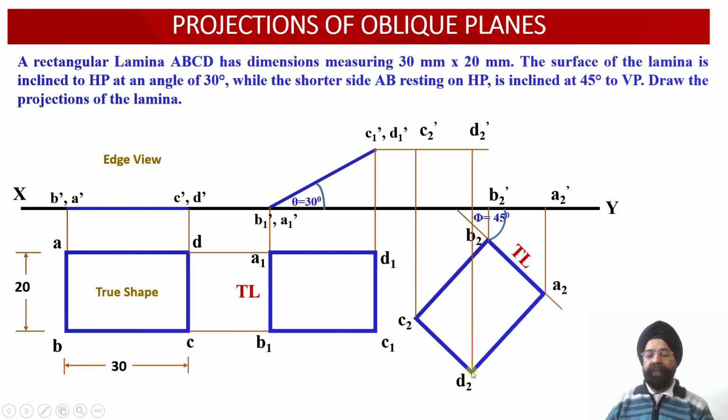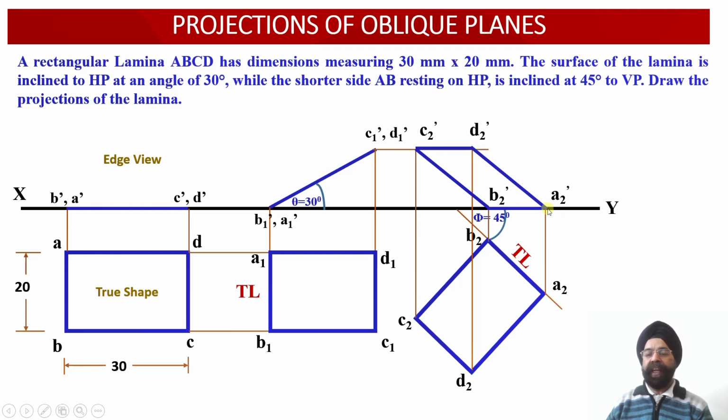And finally, we are going to draw the vertical projector upwards from the point D2 and extend it till it intersects with the horizontal projector drawn through the point D1 dash from the previous elevation projection view. So now the A2 dash, B2 dash, C2 dash and D2 dash points have been obtained in the front view projection corresponding to the top view which we had obtained earlier.